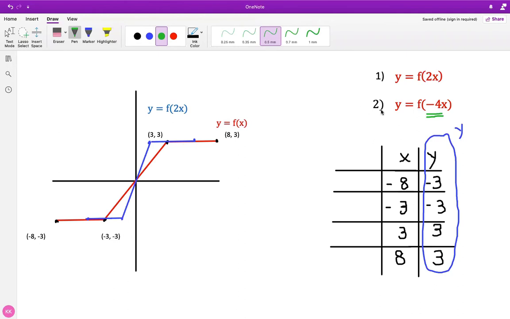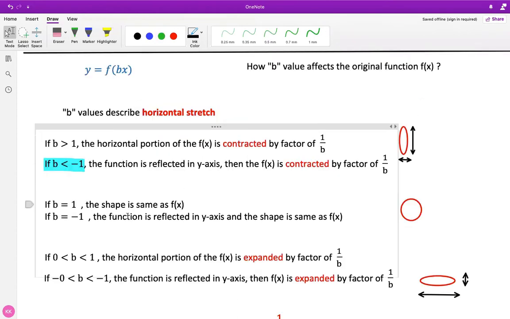Question 2 asks me to graph y equals f of -4x. This time, the b value is -4. How does b equals -4 affect the original function in the red curve? Let's see. b equals -4 falls into the range b less than -1.